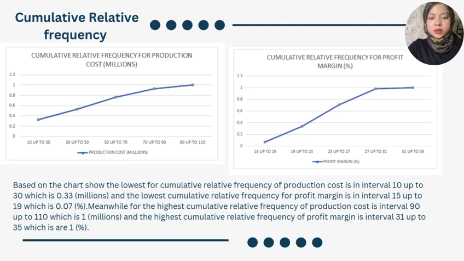Meanwhile, the highest cumulative relative frequency of production cost is the interval 90 up to 110, which is 1, and the highest cumulative relative frequency of profit margin is the interval 31 up to 35, which is 1.